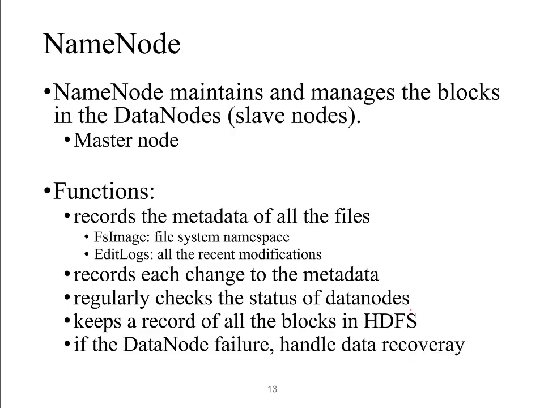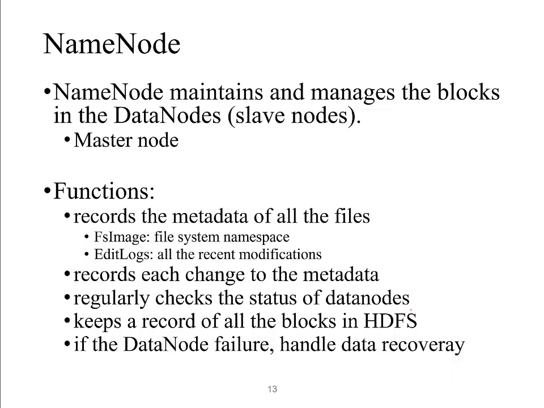So first of all, the name node. Name node maintains and manages the blocks in the data nodes. So it acts like the master node in a master-slave architecture. The functions of the name node include, for example, recording the metadata of all the files.